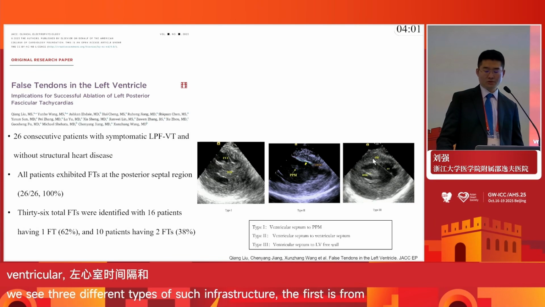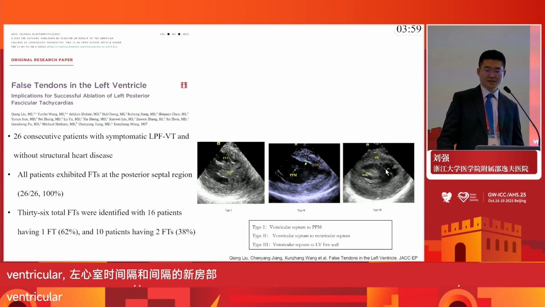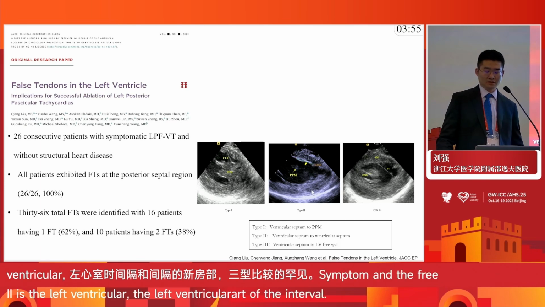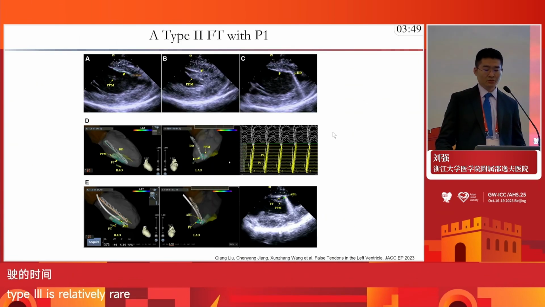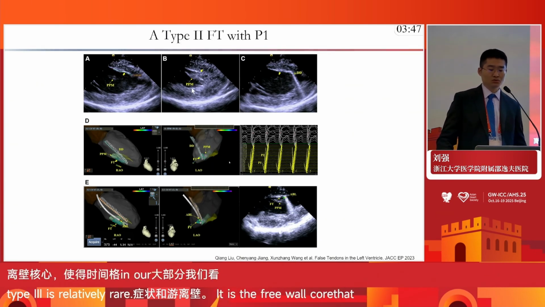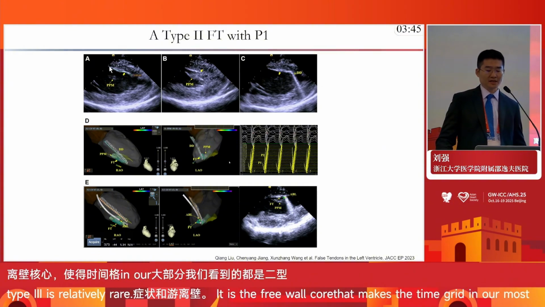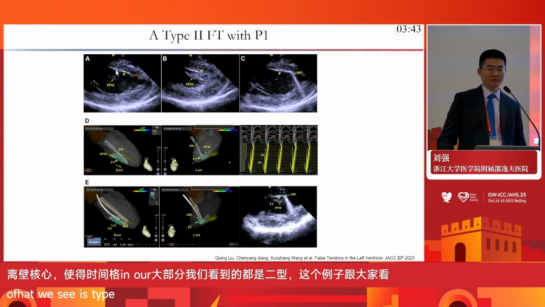Type 3 is rare. They connect the septum and the free wall. The most common type of false tendon is type 2 in our study group. This is an example showing a type 2 false tendon located under the left ventricular septum.